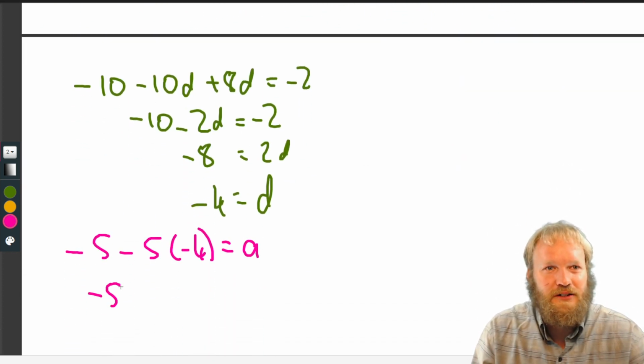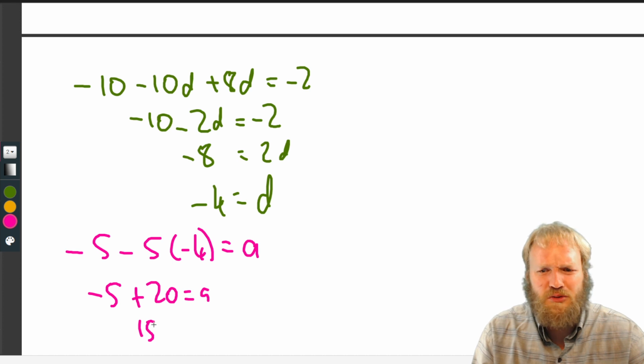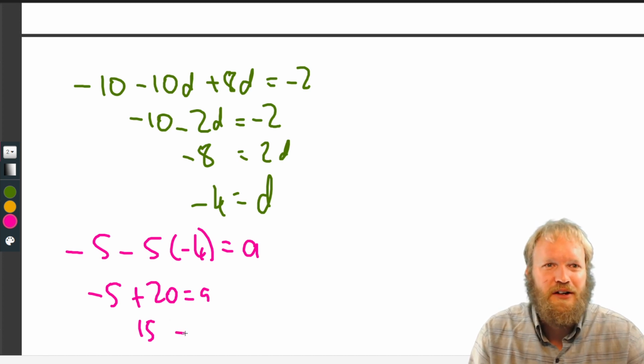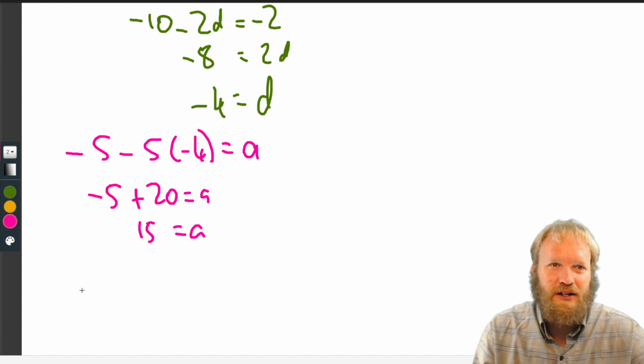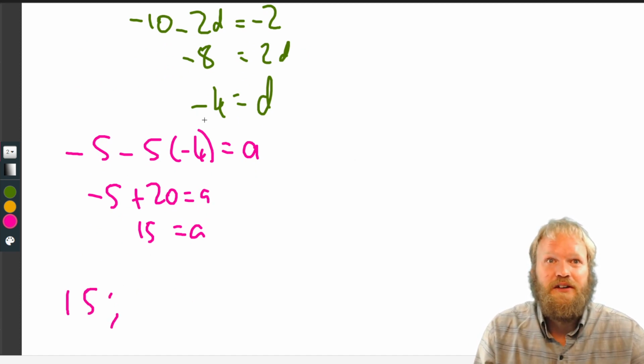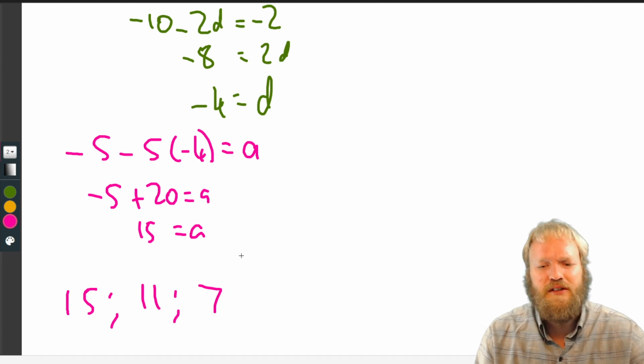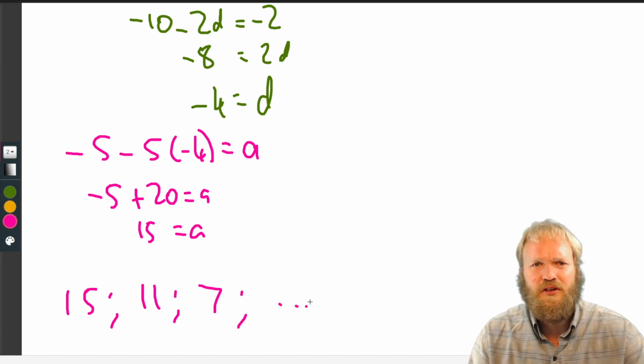So -5 plus 20 equals A. What's that, 15? Is that what you get? I get 15. 15 equals A. So therefore, we haven't answered the question yet. 15, and then D is minus 4, so it must be going like this. 11, minus another 4, 7, and so it would go.